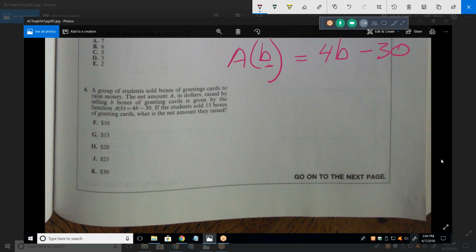And b represents the number of boxes sold, so they're really saying, what is a of 15? Oh, okay. I was just thinking it was like a normal algebra expression, not the f of x thing. Really? This really tests your ability to know what f of x notation means.